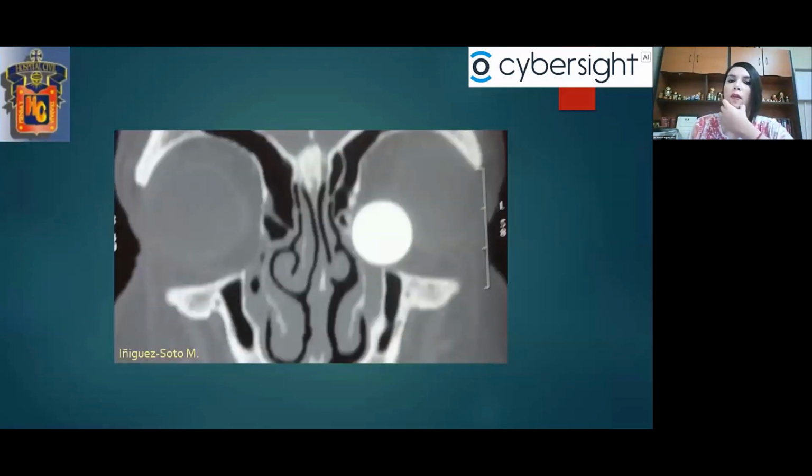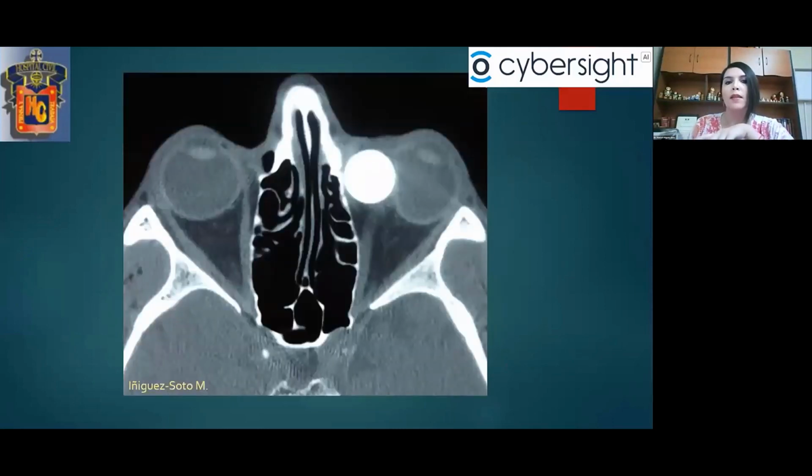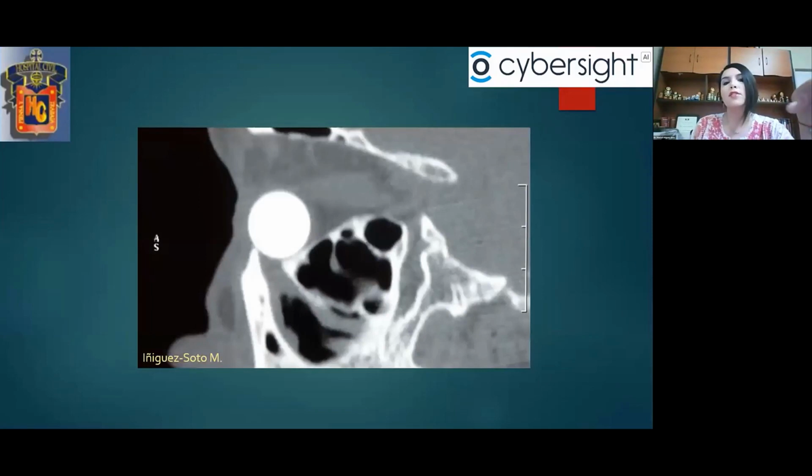We asked for the tomography, and we can see a mass, excellent and very well defined, that appears in the same position in the axial projection. And here it is pushing the eyeball, but the medial wall is not altered. And in the sagittal projection, it continues the same form of the mass. So it's not a tumor, we know that, but it's a foreign body that we should remove.